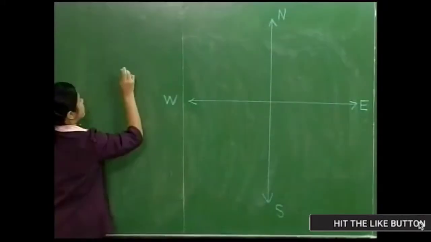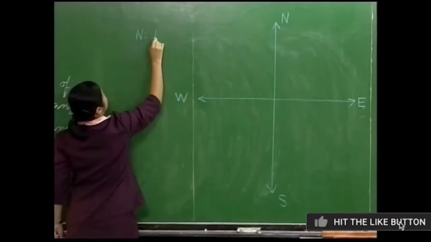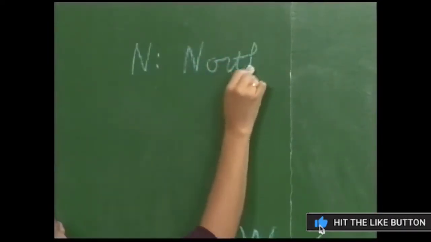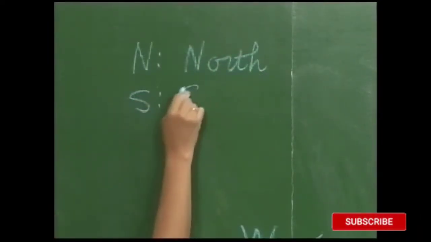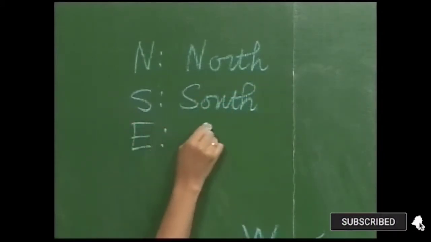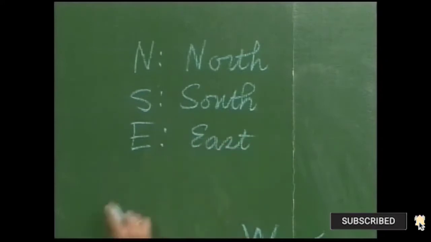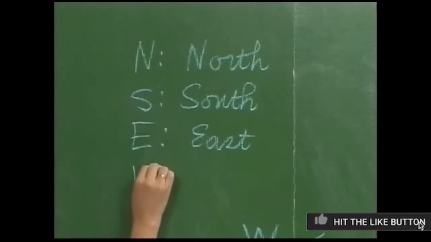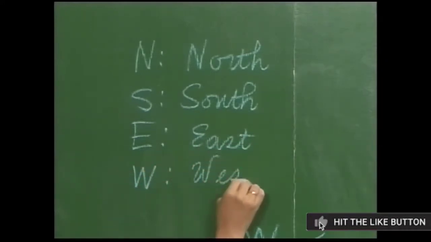So, north, south, E is east, and W would be west.